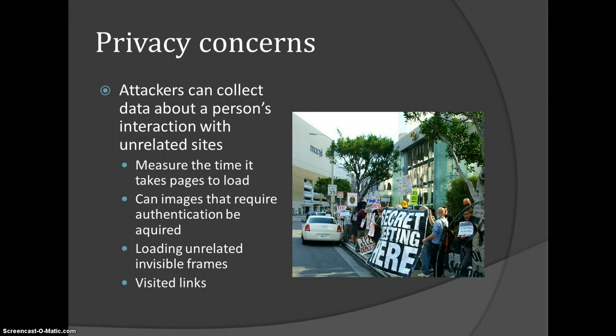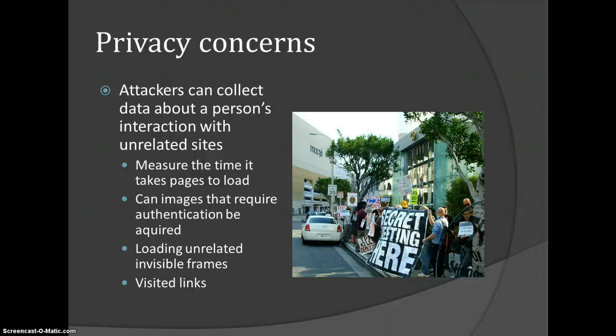There's also some other pretty large privacy concerns that the book brings up. And this is basically where attackers can collect data about a person's interaction with unrelated sites. And according to the author, a lot of these are things that have been known for quite some time, a decade or more. Simple things like measuring the time it takes to load a page.